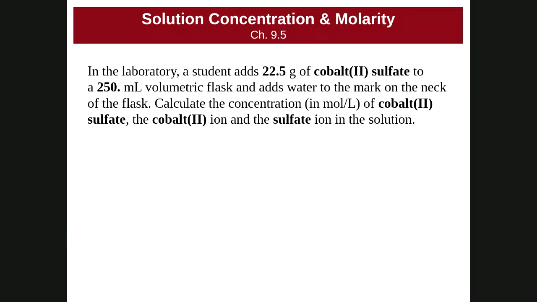All right, so cobalt sulfate, so cobalt is 2+ because of the 2 in parentheses, and sulfate is one of our polyatomic ions with a 2- charge. So when we combine them, we just have cobalt and sulfate with no subscripts for our ions.